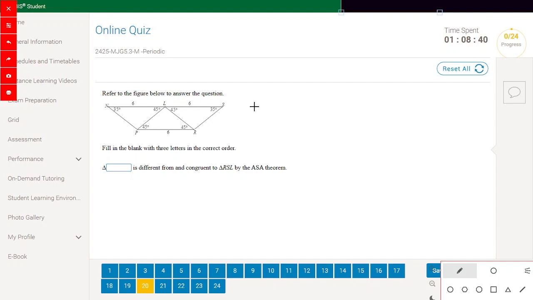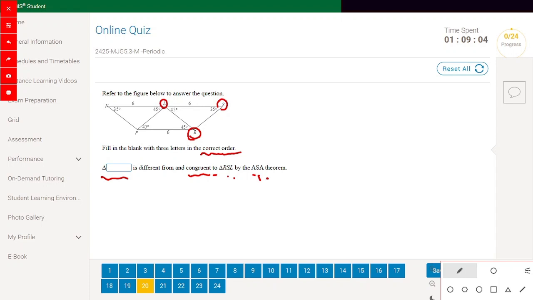Refer to the figure below to answer the question. Fill in the blank with the three letters in the correct order. Now the triangle is congruent to triangle RSL by angle side angle.